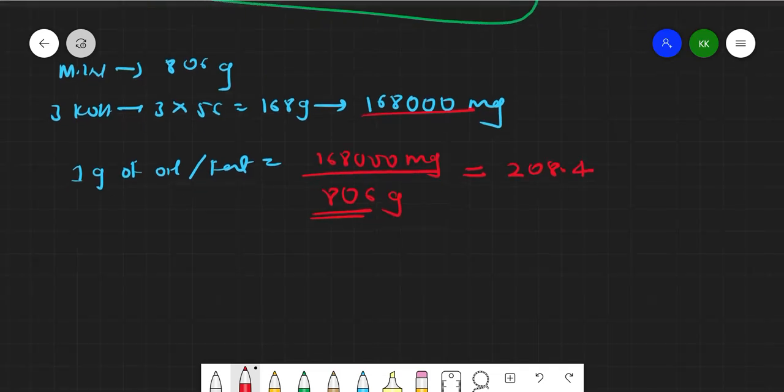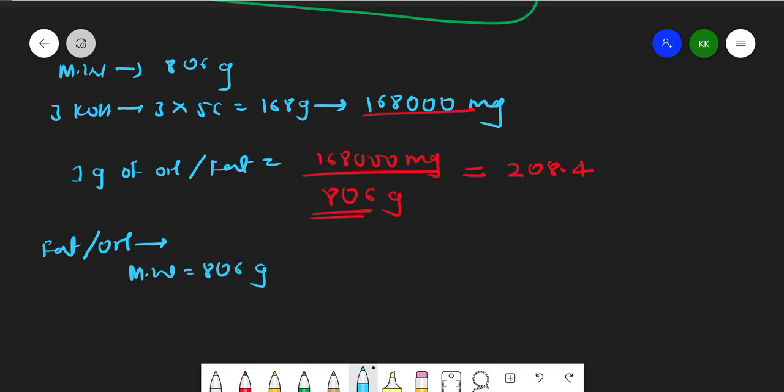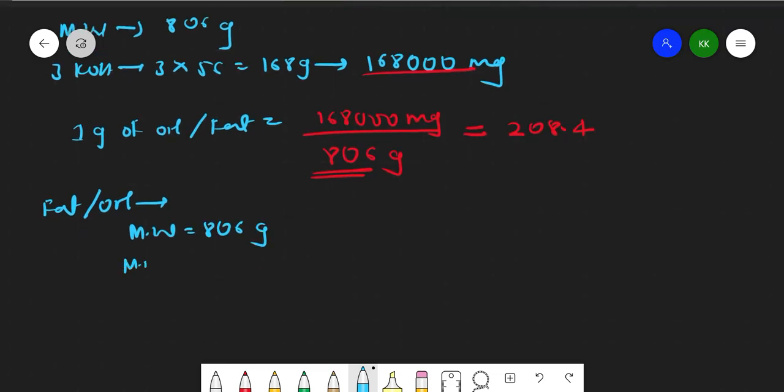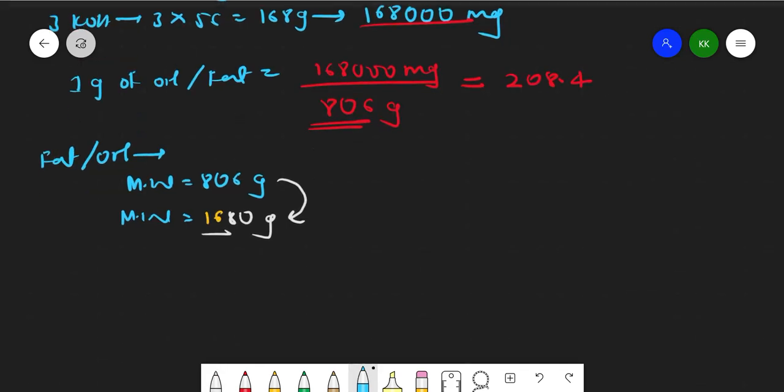So one thing you can observe: if my fat or oil's molecular weight is not 806 gram, and I increase it, let us assume the molecular weight of that oil or fat is 1680 gram. So what happens to the saponification value?